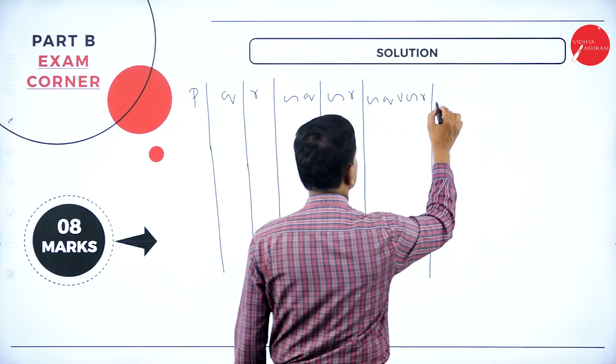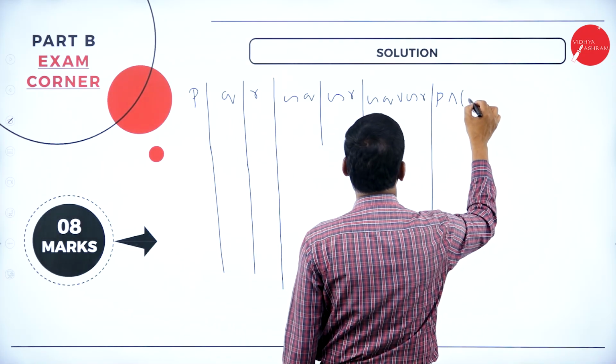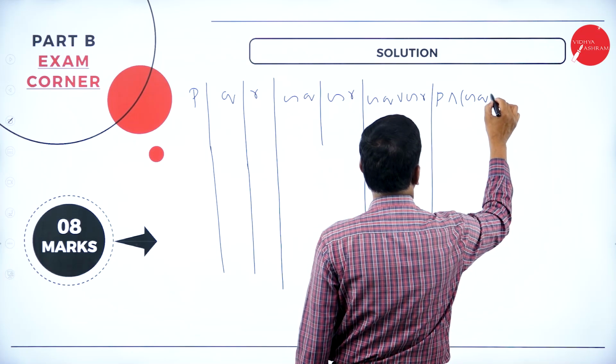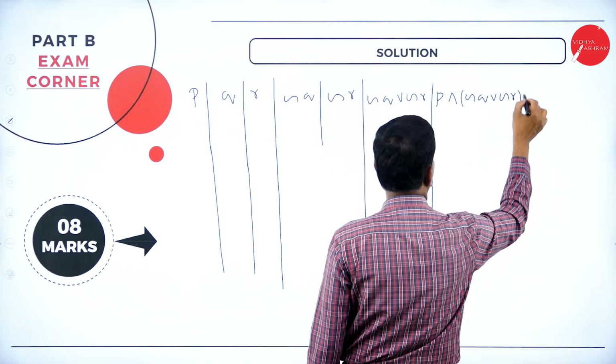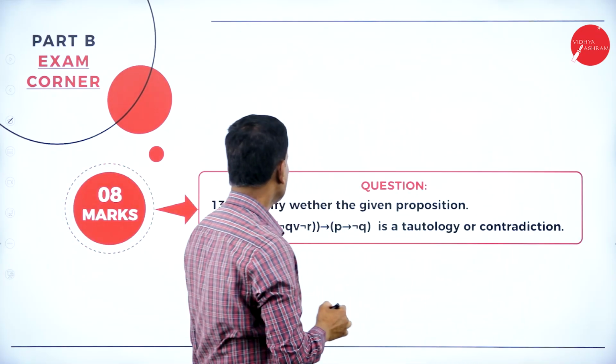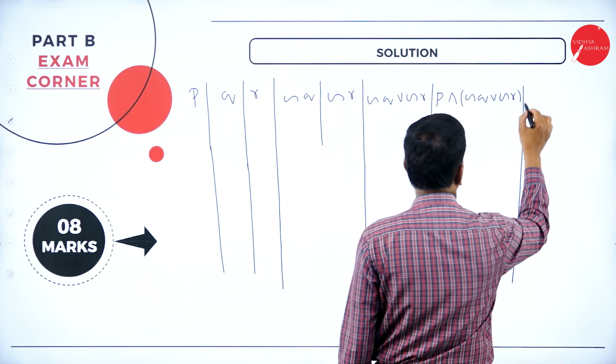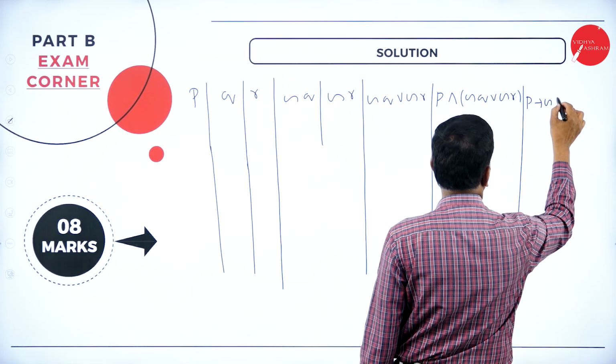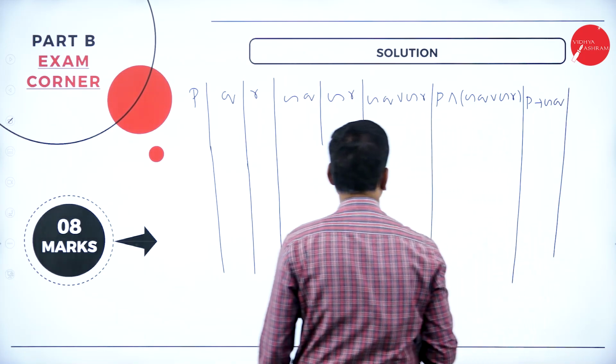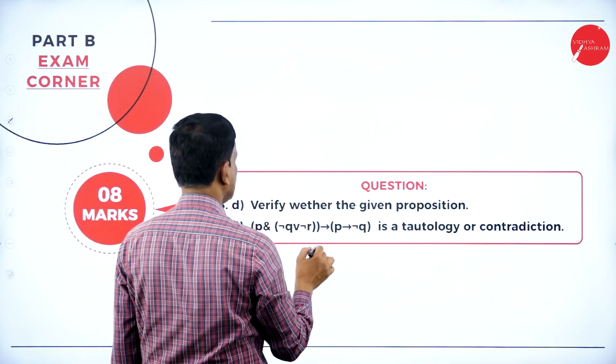Then P conjunction negation Q disjunction negation R. And the last one is P conditional to negation Q. Now, let us write down the conditional for this.